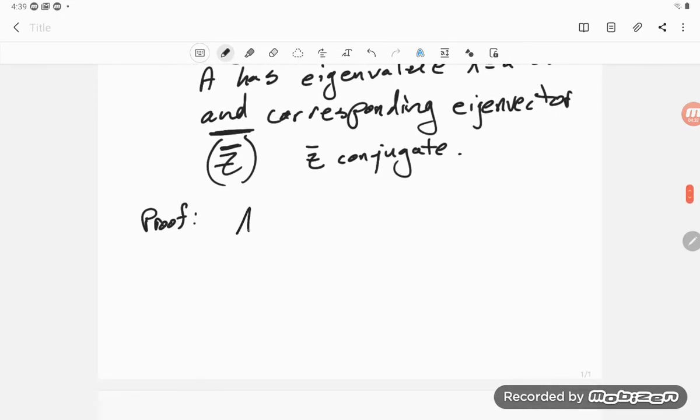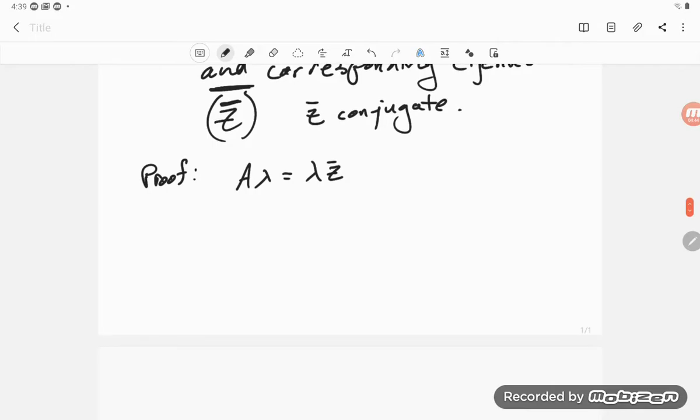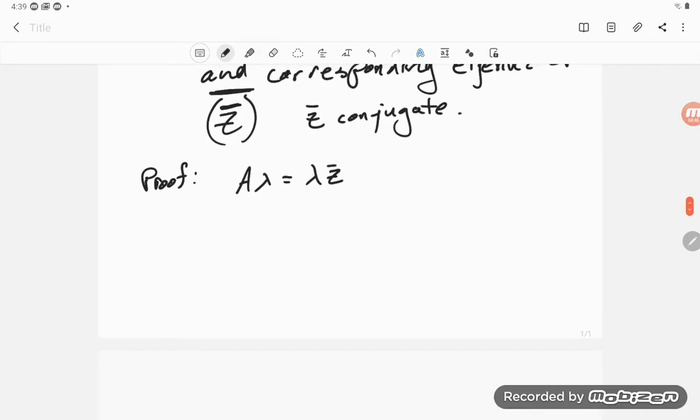Right? So, looking at this proof, let's try that. We have A times z is equal to lambda z.